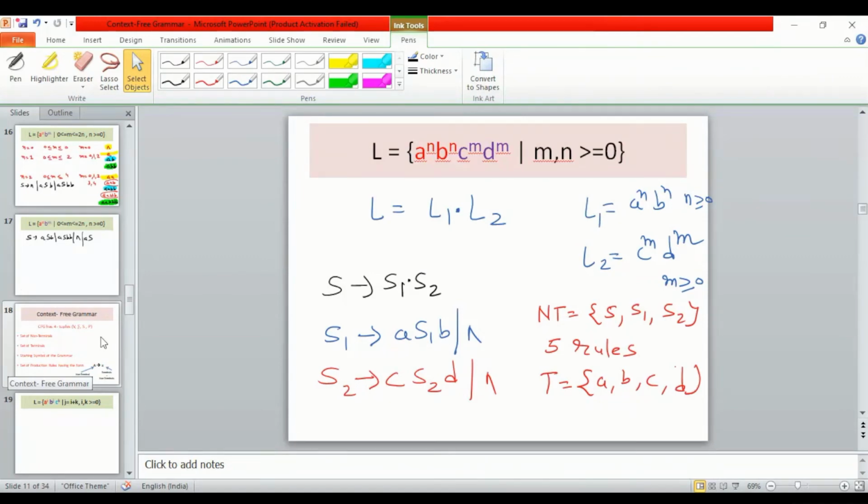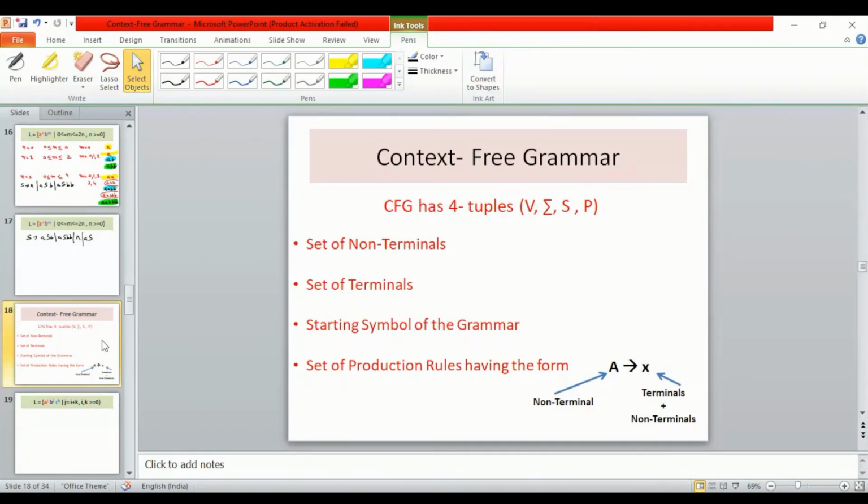On the right-hand side, we have a combination of both terminals and non-terminals, as we have seen in all these examples. We are writing ASB, so it is a combination of terminals and non-terminals. In some examples, we have written S gives SS, or S gives S1 S2. So we have a combination of terminals and non-terminals on the right-hand side.